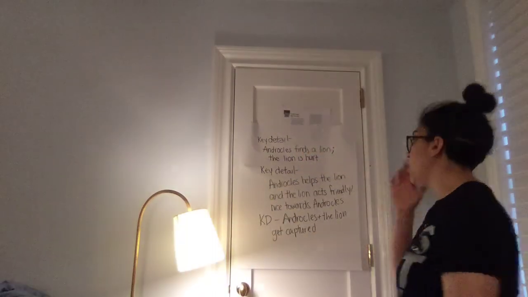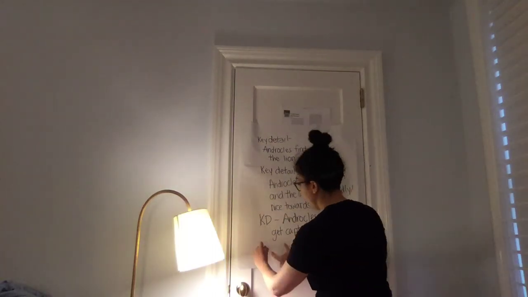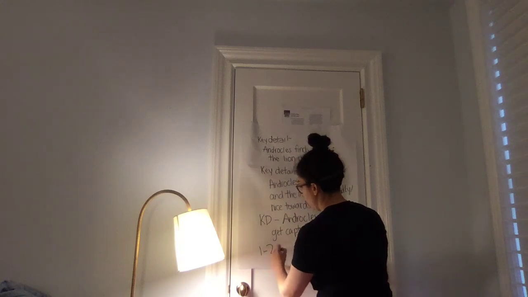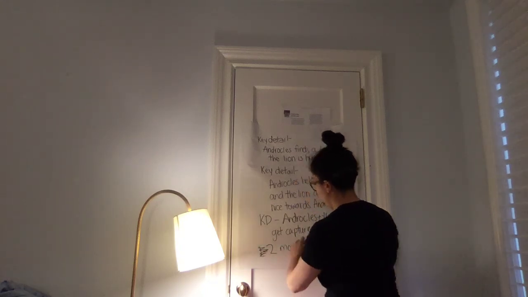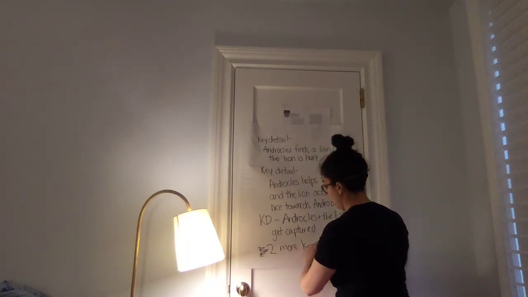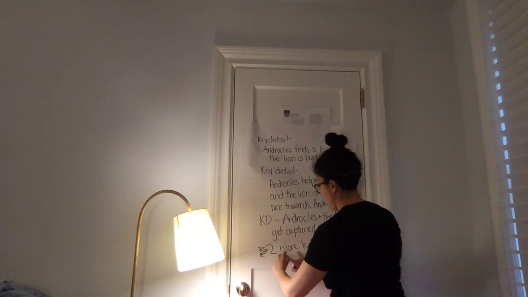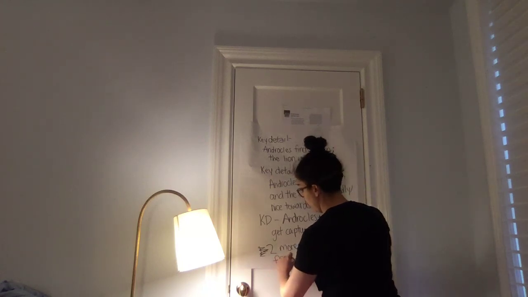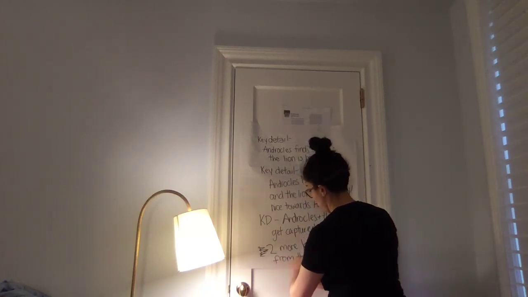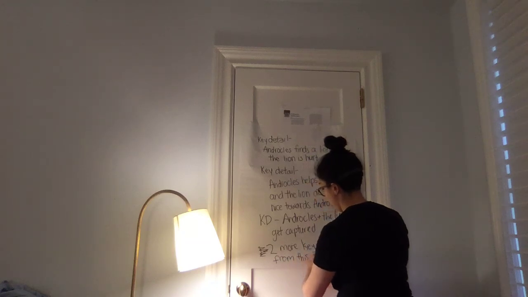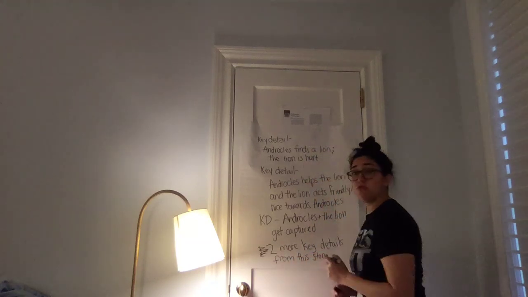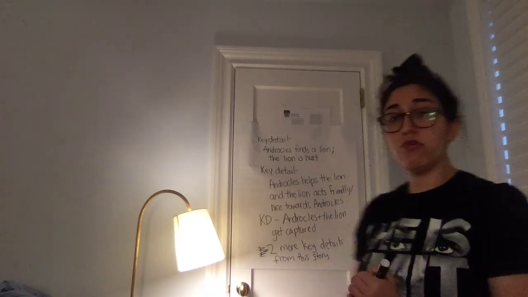You're welcome to message me and ask me any questions that you have about it. But I want you to think about, there are 2 more key details from this story. 2 more really important things. Right? And I want you to try to figure out, what are those key details, right?